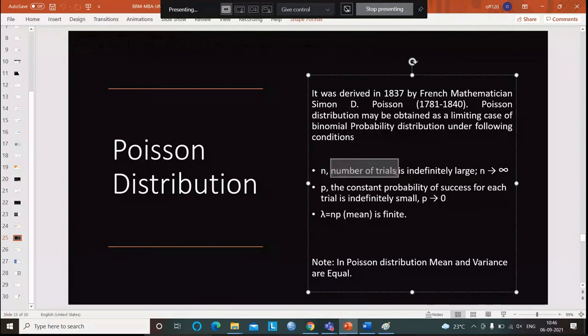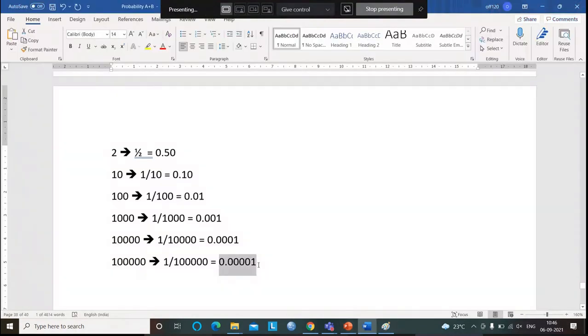See this case. The number of trials is indefinitely large. That means almost n is equal to infinite, an uncountable set of values. Then my probability of success will be almost nearly equal to 0. See, almost it is near to 0.